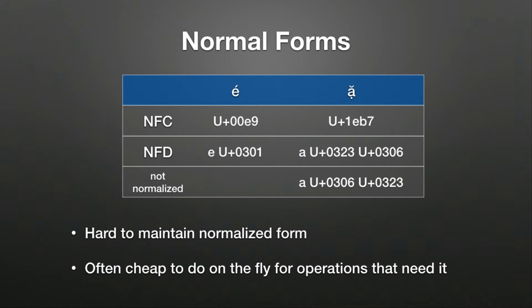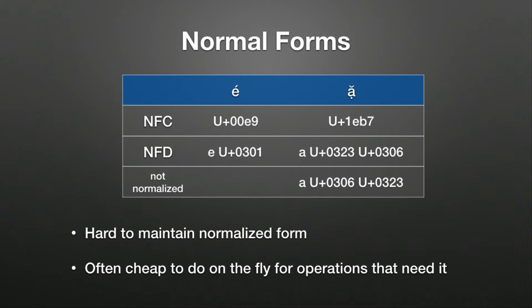On the second line, you see the decomposed form, it's normalized, letter with 2 modifiers. On the third line, you see the same character, but the modifiers are in a different order. So this is considered to be not normalized anymore.